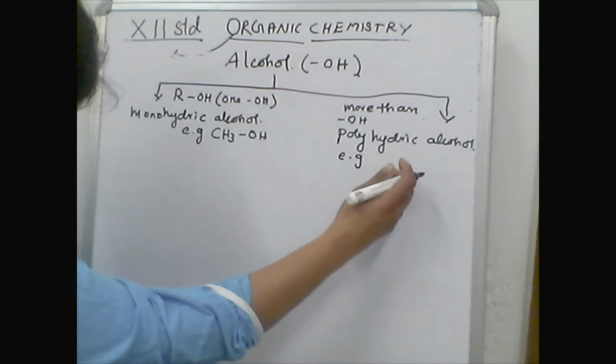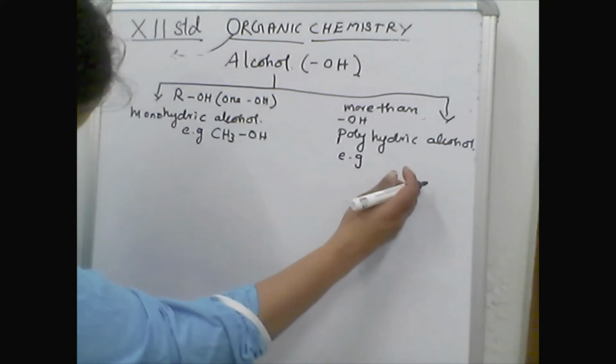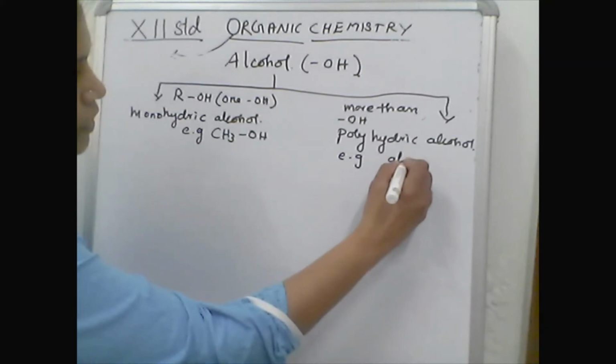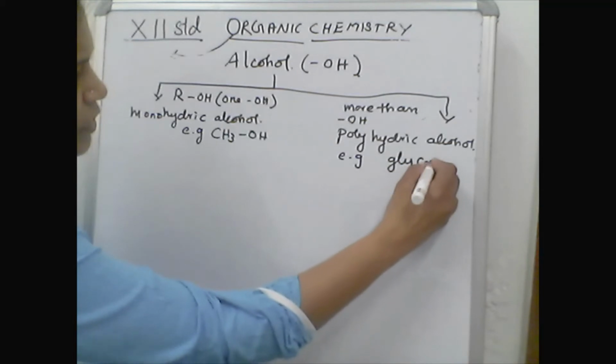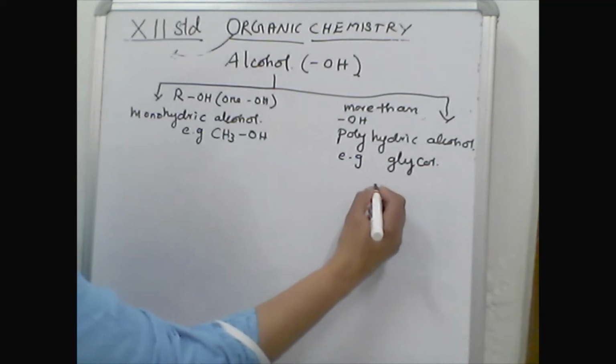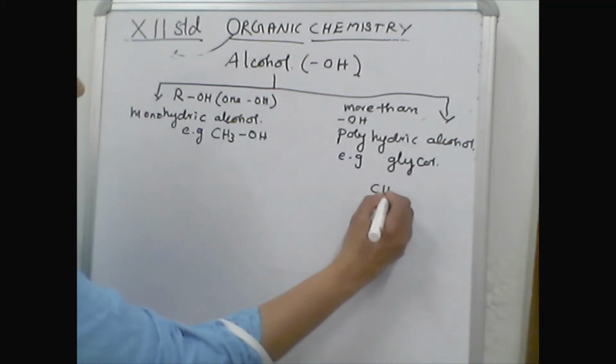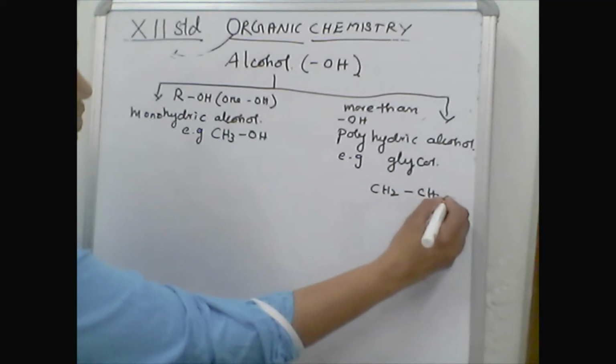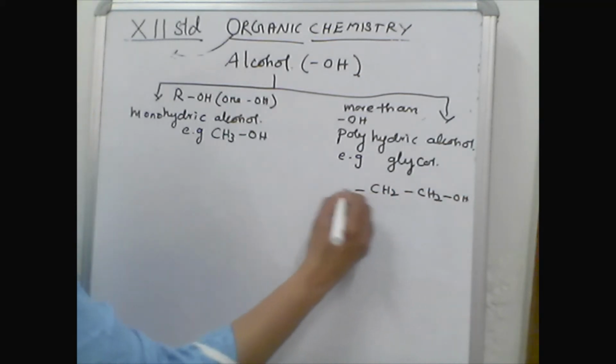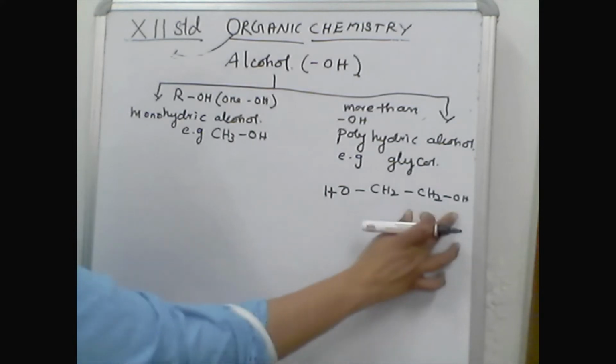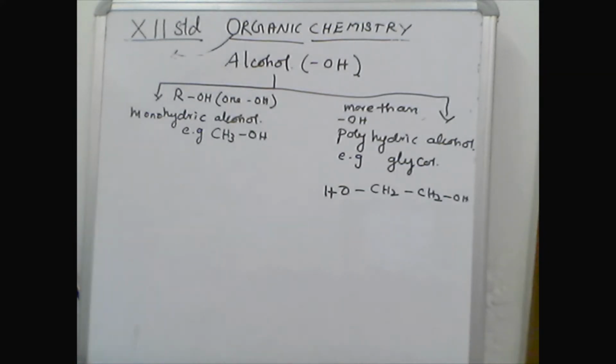The simplest one I am writing here is glycol. Glycol is a common name. The structure of glycol is CH2, CH2, with OH and OH. You can see two OH groups are present.